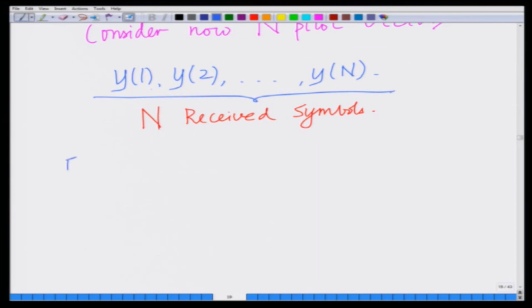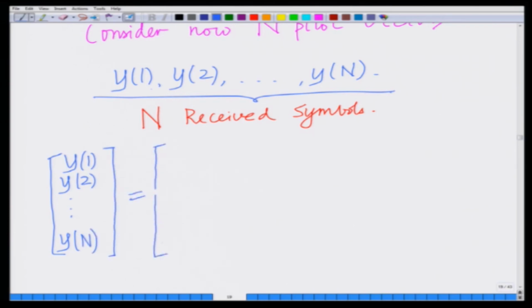Now, I am going to explain this again, let me write this system model. I will have y1, y2 up to yn, the received symbol at time instant n, which is equal to this matrix.